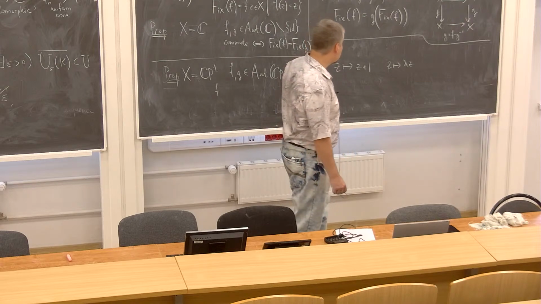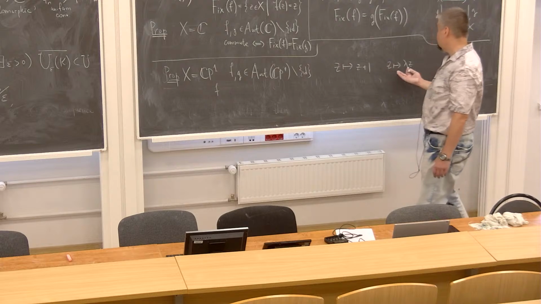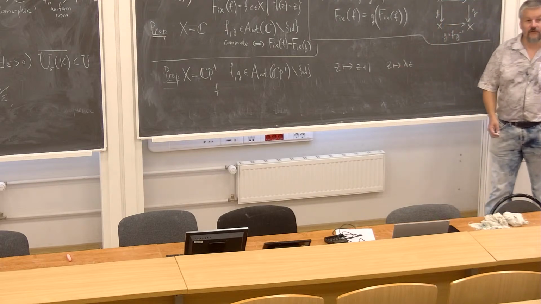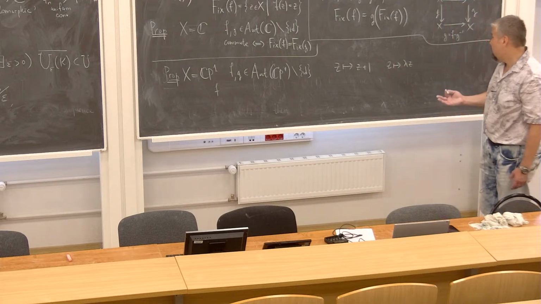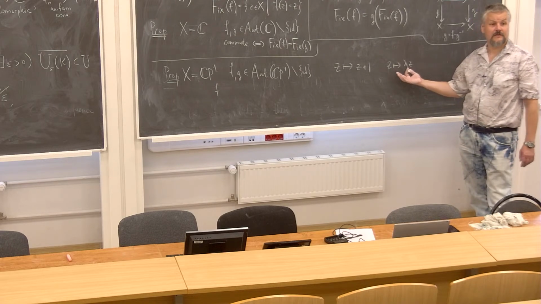Well, in general, you may also want to study the dynamics of this map, but it's somehow trivial. Still, it may be important to understand the dynamics in this case.